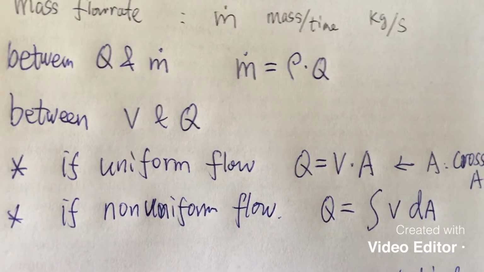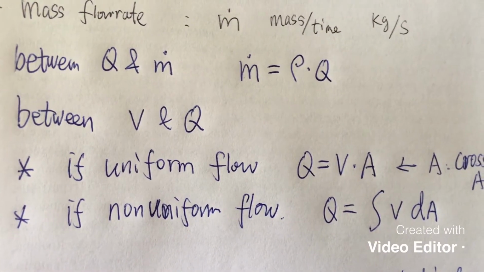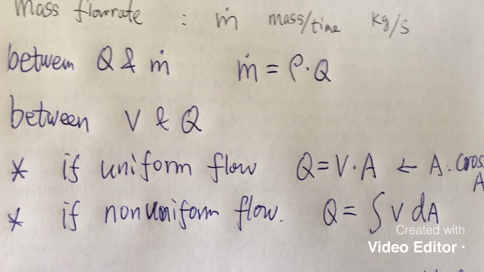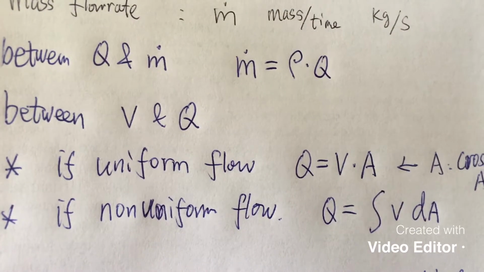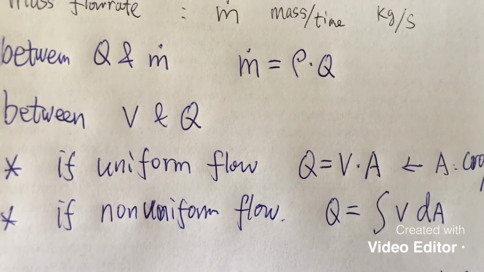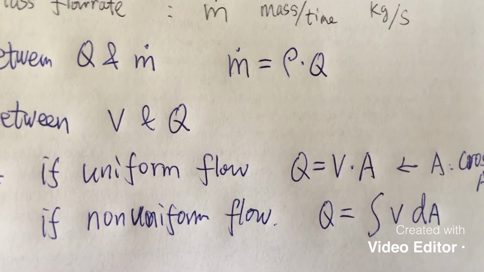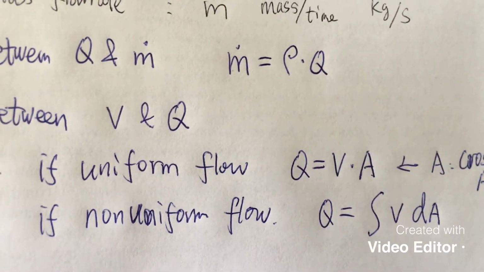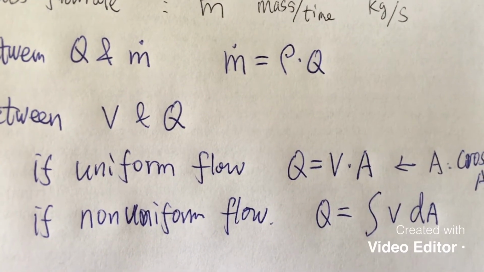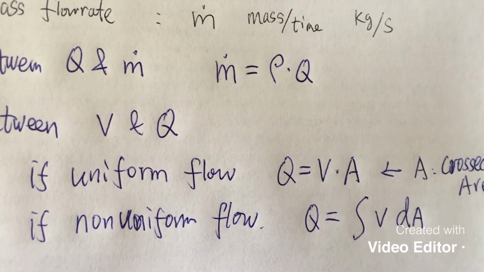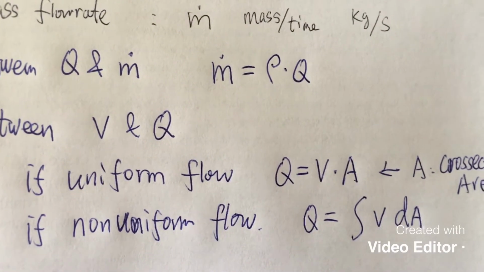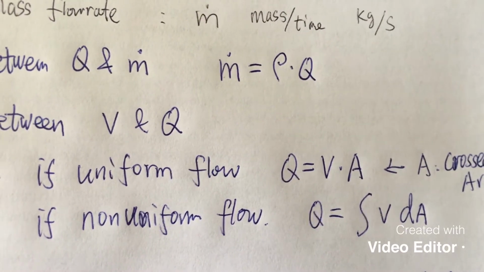But if the flow is non-uniform, what does non-uniform mean? It means the velocity is not constant on that cross-section. So which velocity do you pick? It's different everywhere, right? Just like pressure and force on a plane: if the pressure is constant on the plane, it's easy, pressure times the area.